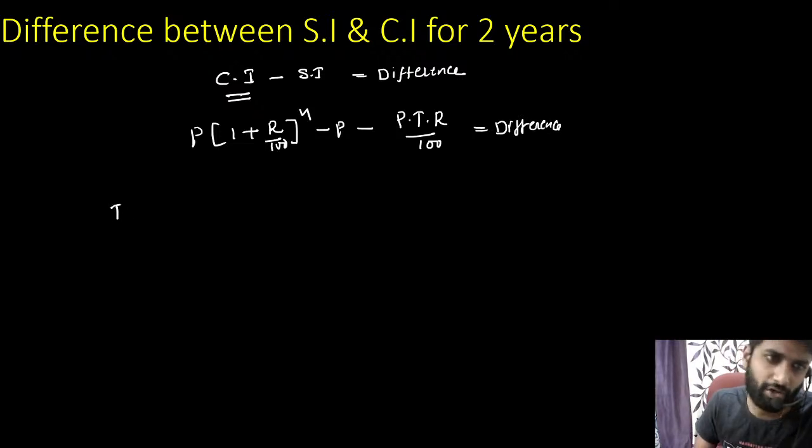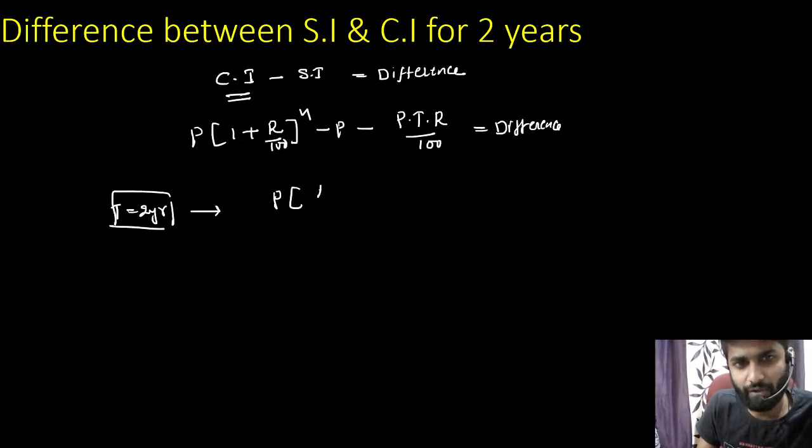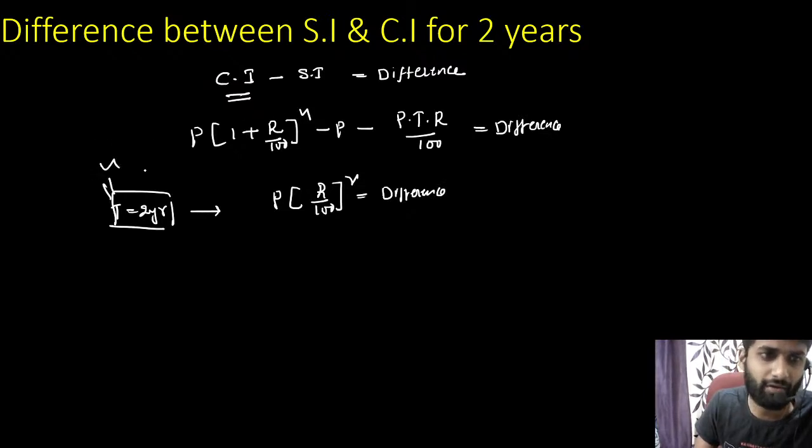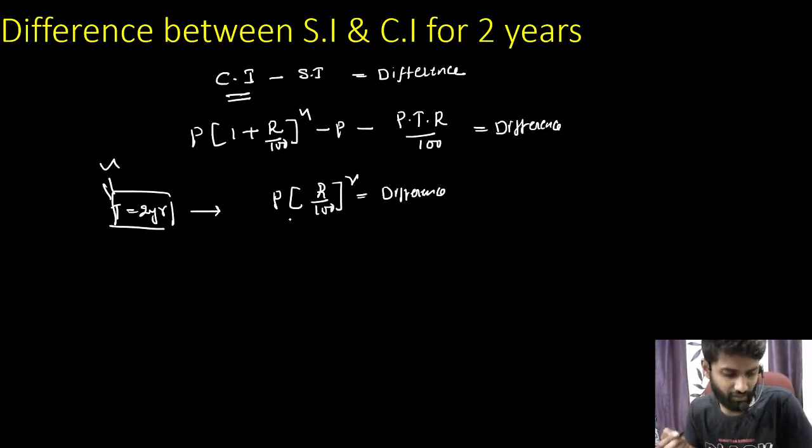If time is equal to 2 years, the difference between simple interest and compound interest for 2 years is P into (R by 100) whole square. Just replace n and t with 2, and you get the final derivation P into (R by 100) whole square.